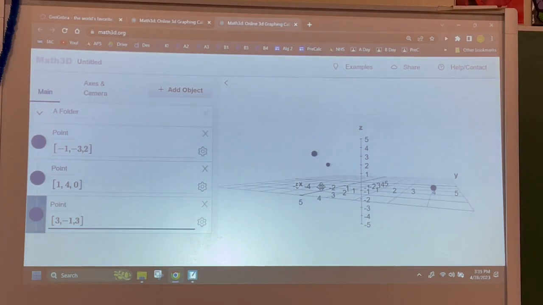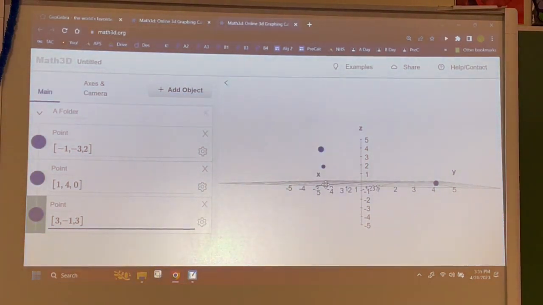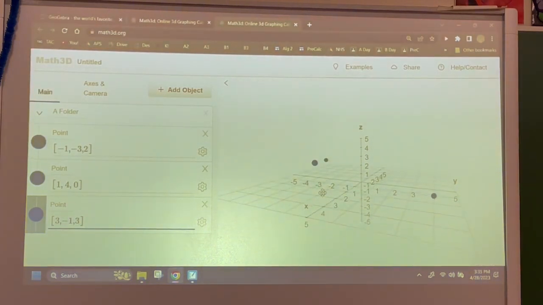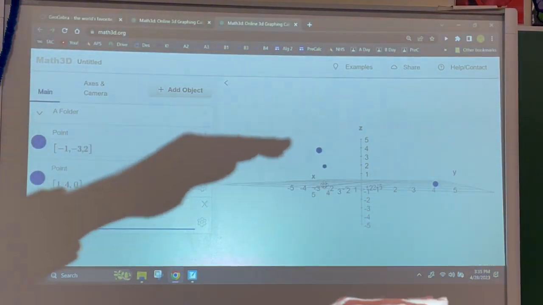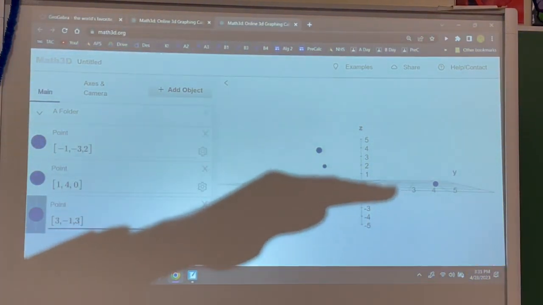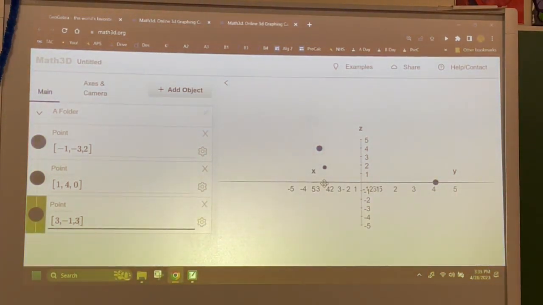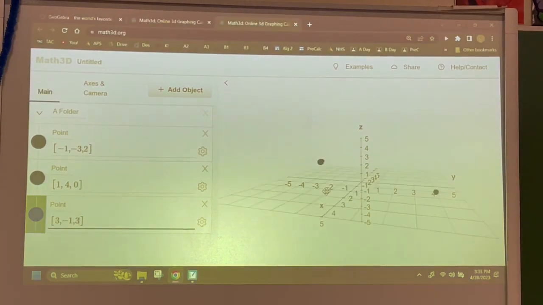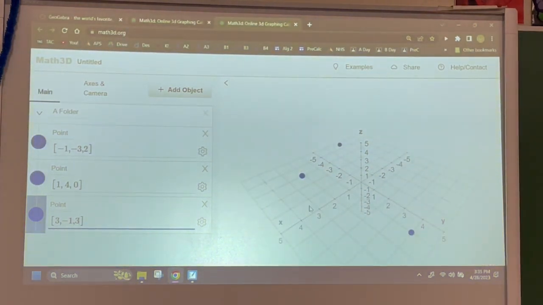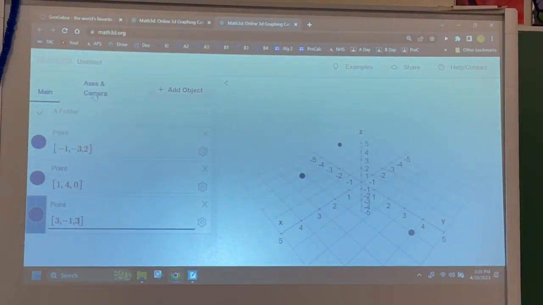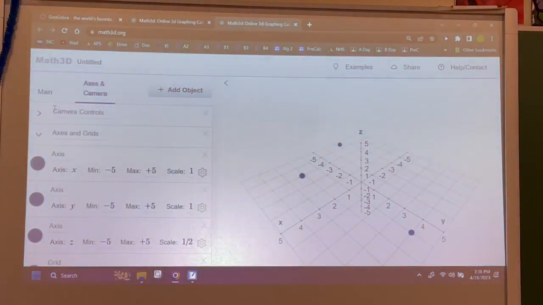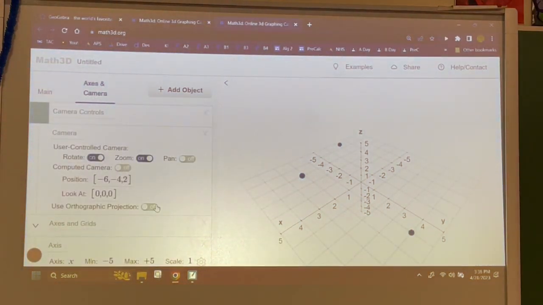And you can kind of see now in space, some of the points are higher, some of them are lower, right? This point is up at 3, this one's at 2, this one's sitting on the XY plane at 0. So the perspective makes it challenging at times to see. Okay. And if you get good enough, you can play around with it.